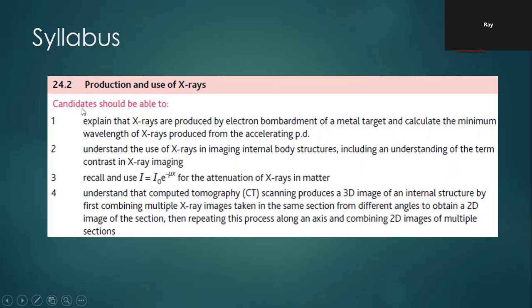Very straightforward. Your syllabus explains that X-rays are produced by electron bombardment of a metal target, and you calculate the minimum wavelength of X-ray produced for the accelerating PD. That's all. So we are going to cover this one, but a lot of things I teach will be extra, just for knowledge. Partly because if I don't teach that, how are you going to understand what's happening?